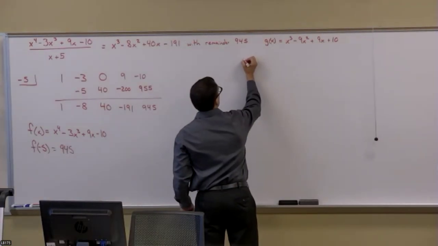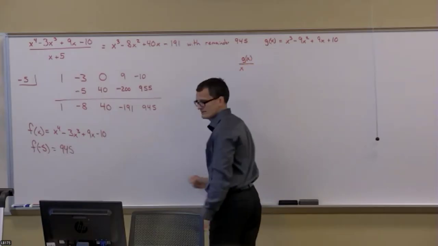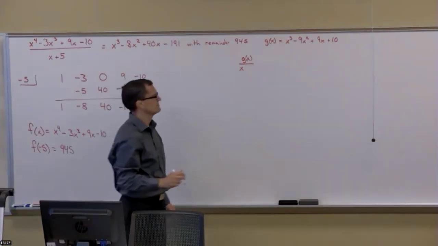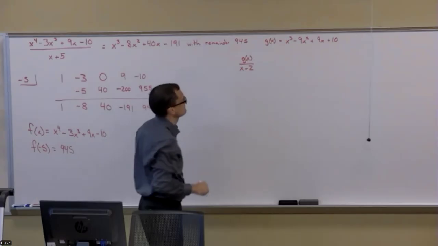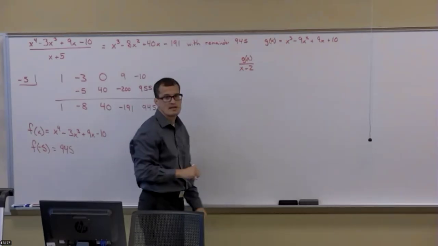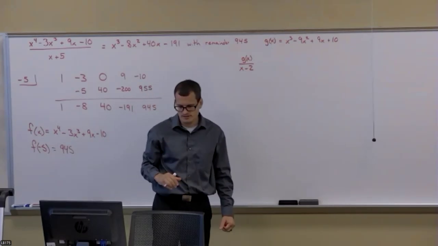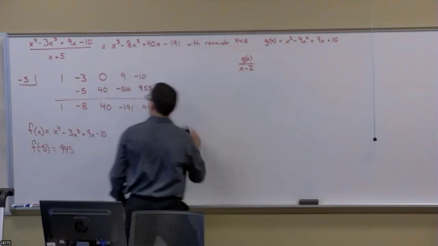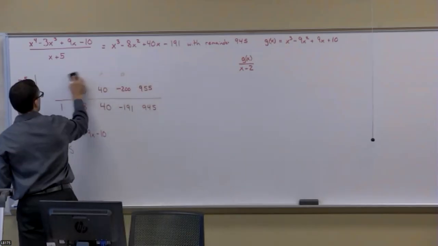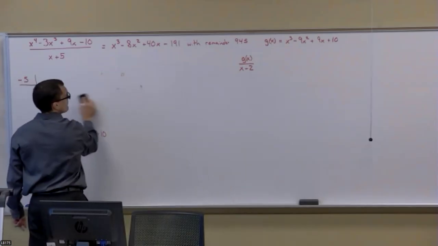We knew that when we took g of x and divided it by x minus 2, is that right? That came out... and now I forgot what that was. Let me go ahead and do that synthetic division for that, because I forgot. No big deal.